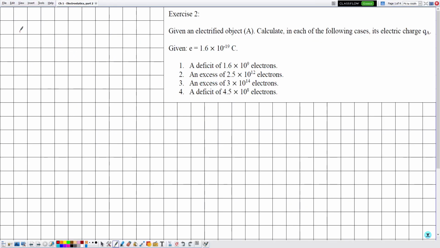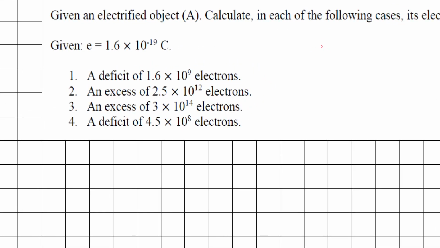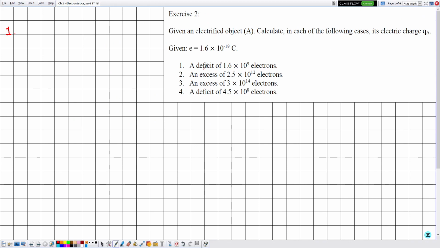Now let me start with number 1. Here they told me that this is a deficit amount, so a deficit means that this is a loss. In this case QA is positive, and the reason is given by a deficit.